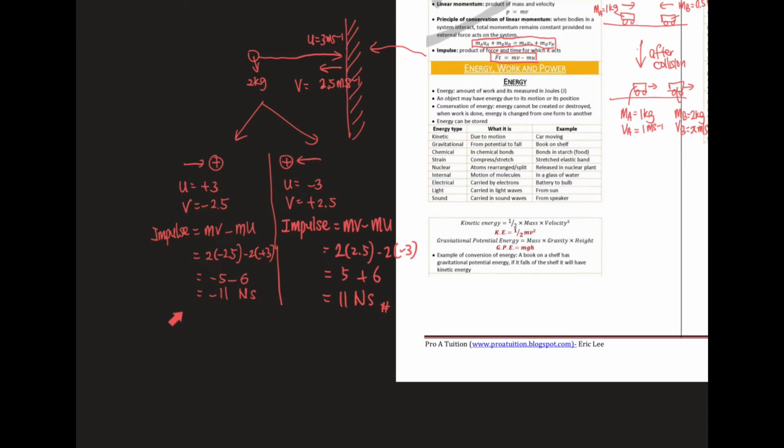So that means the first working they will mark wrong. Nothing wrong actually, it's still correct. It's just that I want to let you know first.